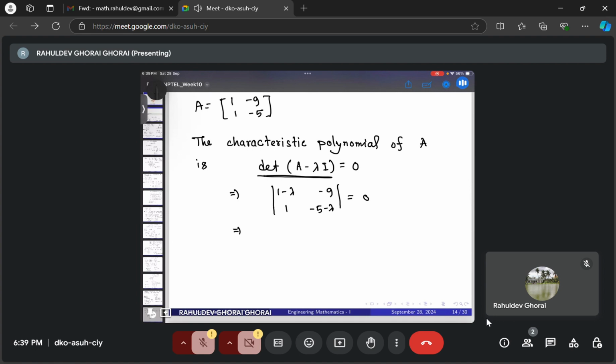So here we multiply by this, what will happen? Minus of 1 minus lambda times lambda plus 5 plus 9 will be equal to 0. That implies lambda minus 1 times lambda plus 5 plus 9 is equal to 0.